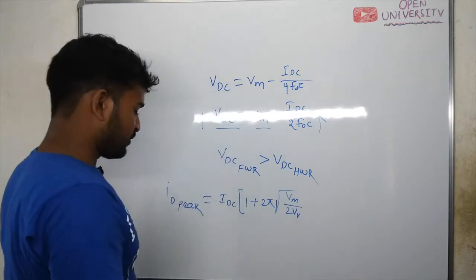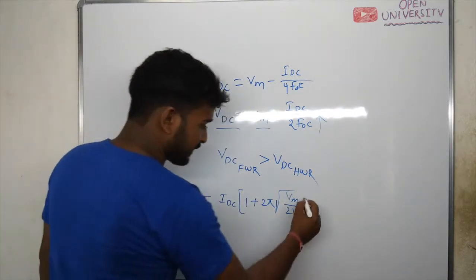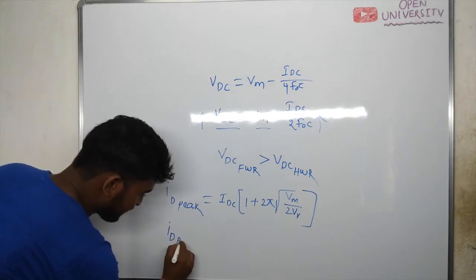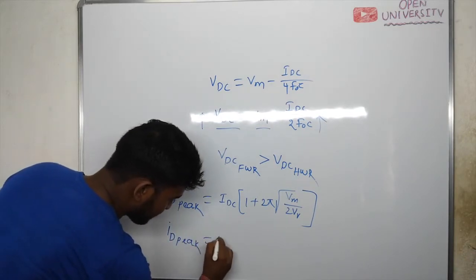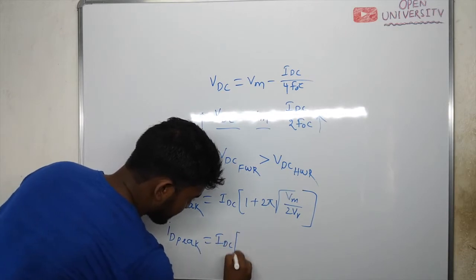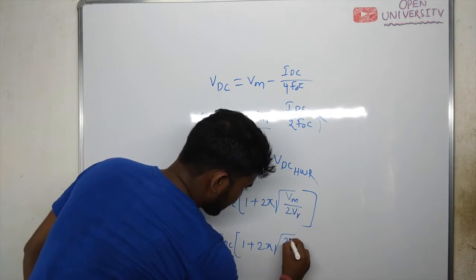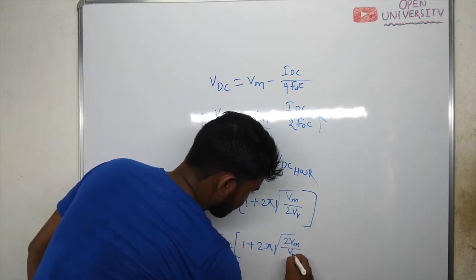What was the formula for IDP in case of a half wave rectifier with capacitor filter? IDP will be IDC into 1 plus 2 pi under root 2 Vm by Vr.